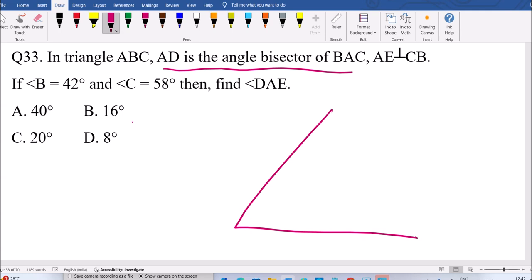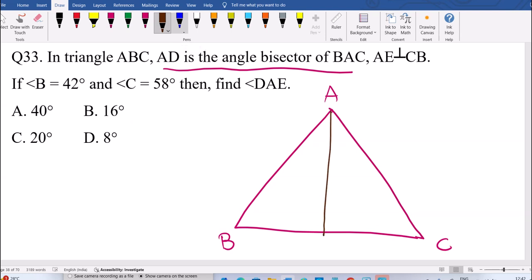Let me give you the basic idea. Let us say this is B and C, and here it is A. Now I am drawing a line D. This will divide this into two equal angles, theta here, theta here. Angle bisector means two equal angles will be generated there.